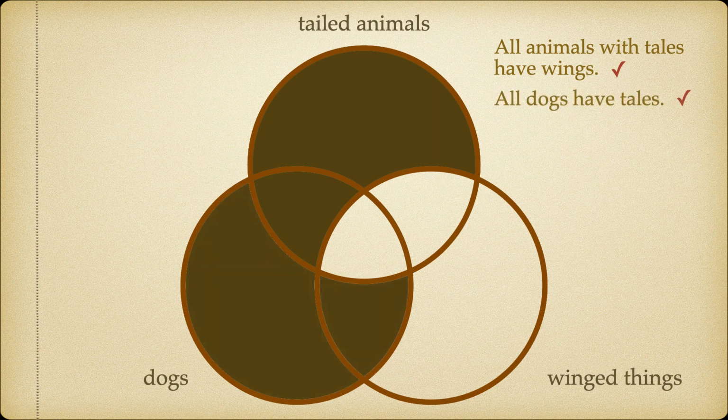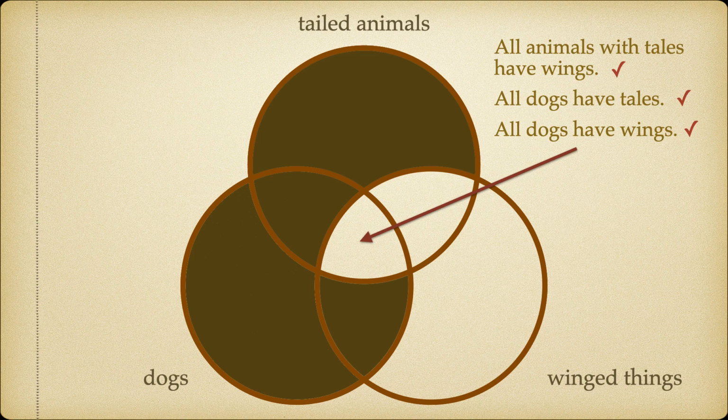Further, let's assume for the moment that all dogs have tails. So the region of tailless dogs is going to be empty, and so we've shaded that region out. Won't it then have to be the case that the only remaining dogs are also things that have wings? We see that it must be so. This is a valid argument.